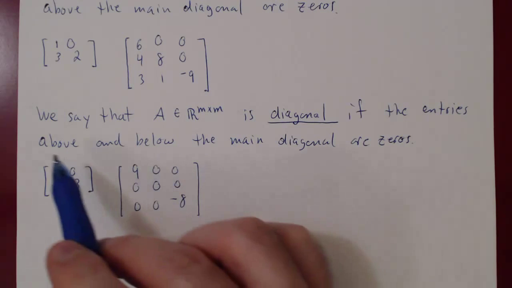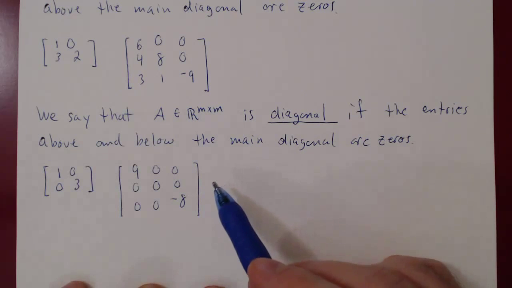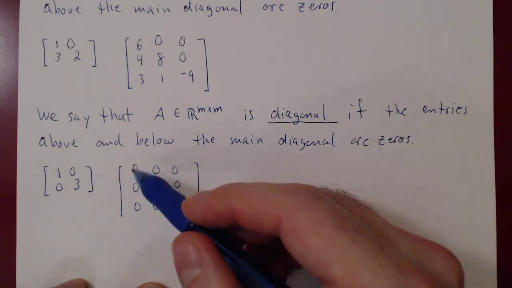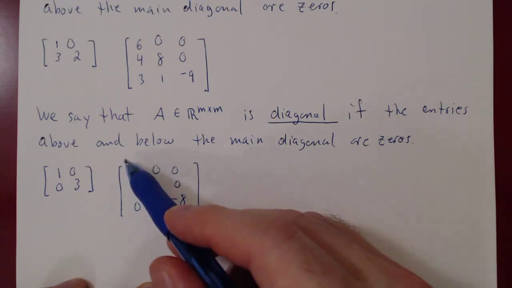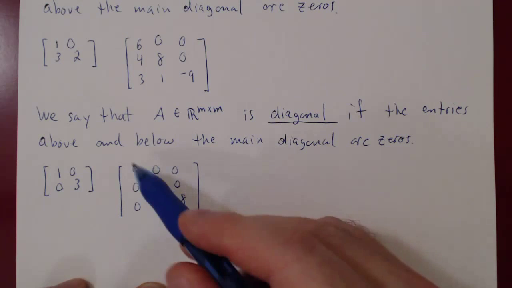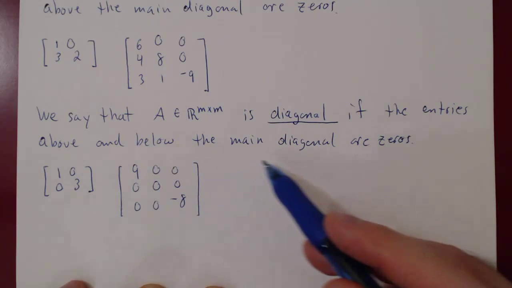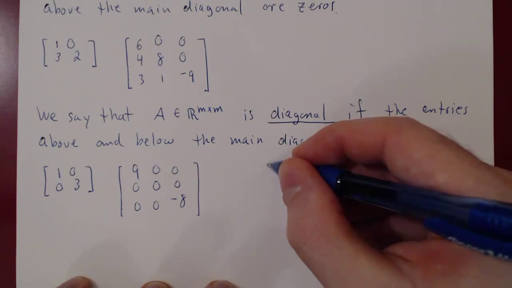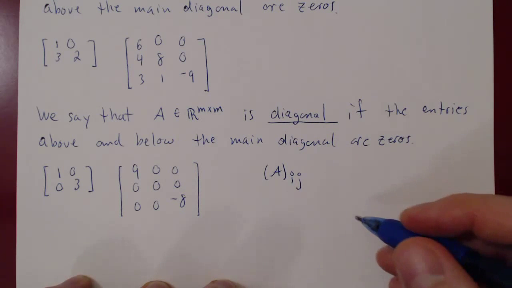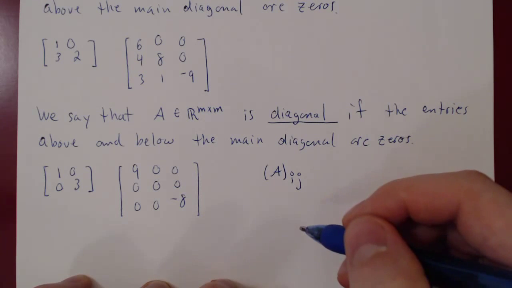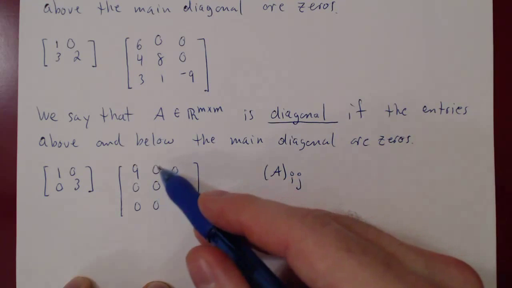So when everything off the main diagonal is 0, you have what's called a diagonal matrix. And just to use here our entry notation, let's see how we can write this really concisely. If you think of it, the entries on the diagonal are the ones with the same row and column index. This is the entry 1, 1, the entry 2, 2, the entry 3, 3. Above and below the main diagonal are zeros. So if you say matrix A, the entry in the ith row, jth column, if i is different than j, if the row index is not the column index, then you are off the main diagonal, right?